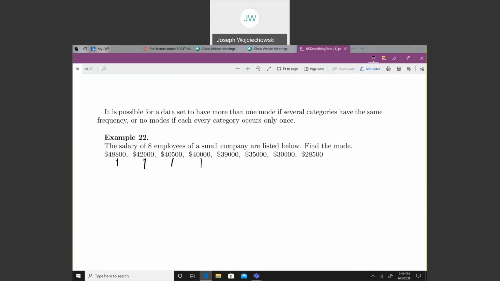Nope. 39. Nope. 35. No. 30. Then 28. So they all only occur once. So that means there is no mode. If every data value occurs only once, there is no mode.